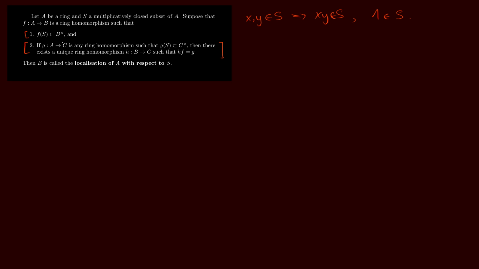That means that if we have any other ring homomorphism, which also maps S into the group of units of this ring C, for instance, then any of these maps factor uniquely through F. So it needs to satisfy that it maps S into the group of units, that's given, but we also need this universal property: if we have any other ring homomorphism that sends S into the group of units of the ring, then it needs to factor uniquely through F.